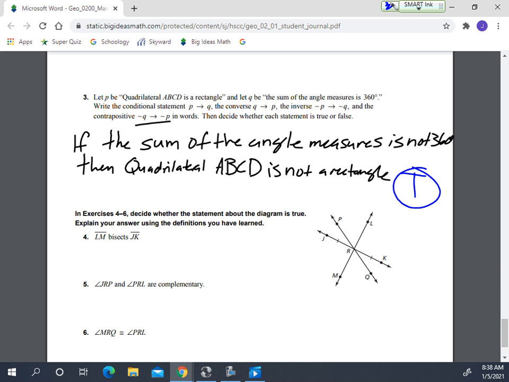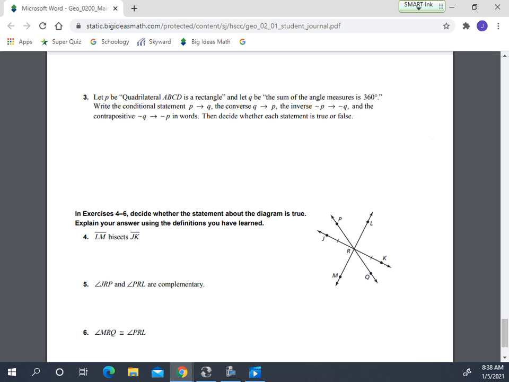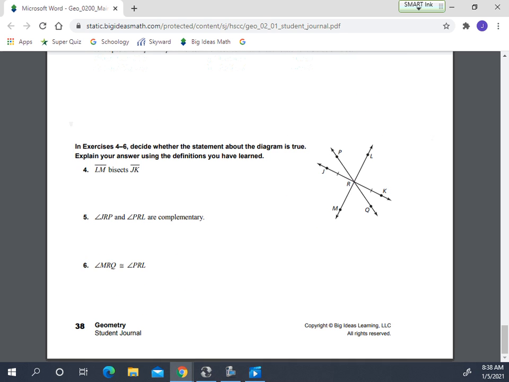The sum of the angle measures is not 360. Right. If it's not 360 degrees, then the quadrilateral is not a rectangle. That makes sense, right? If it's not 360 degrees, it can't be a rectangle. Okay, so that is true. These last four are something you could try on your own and work out on your own.